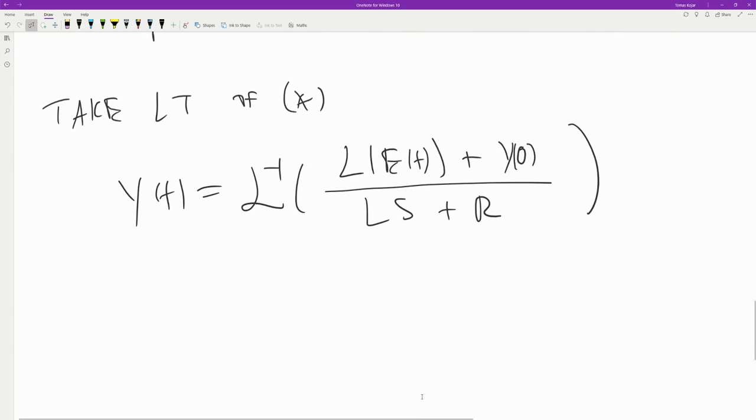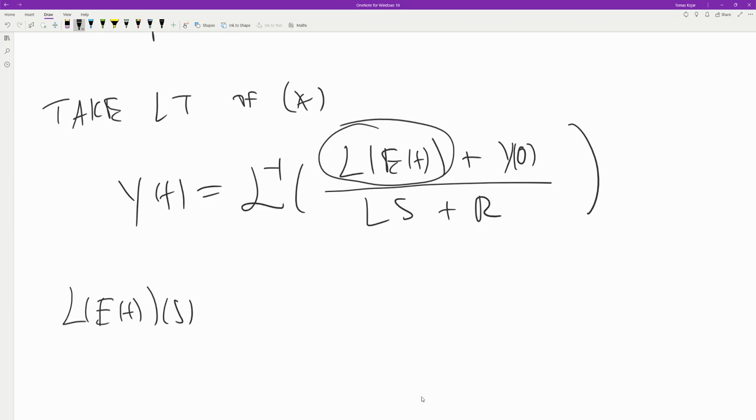Good. So yeah, I have to find the periodic signal and its Laplace transform. The period is 2, as you can see from the picture.